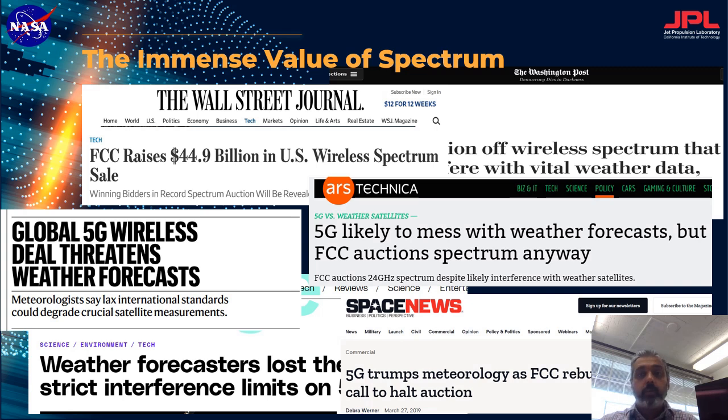So this is a good example where NOAA and NASA sort of said, hey, if you auction off 24 gigahertz, it might impact us, but the FCC auctioned it off anyway. So again, I just want to make sure this is not us against them. This is more of we all need to work together. If we lose spectra from a science perspective, chances are we'll lose capabilities forever. So there's a balance to be played here that we all need to keep in mind. Spectrum is valuable and limited.